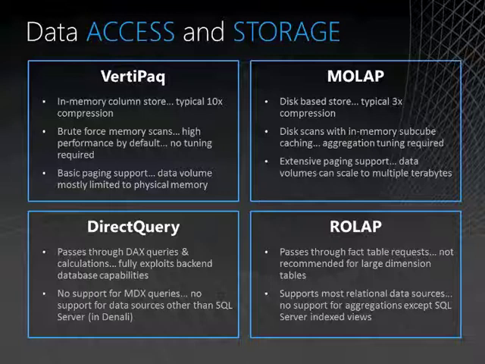So the data is not pulled across into your model and stored in memory. The query goes and hits the source systems directly to get the data from there. And that's the equivalent to ROLAP that you get with the more traditional MOLAP OLAP systems. So instead of processing the data into your cube, your queries go directly to the relational layer to get the data. DirectQuery is the answer to ROLAP when looking at the tabular model.